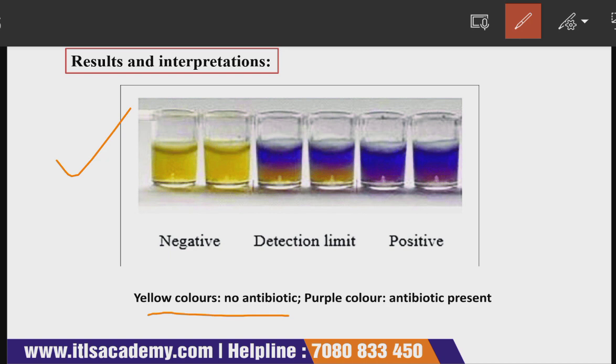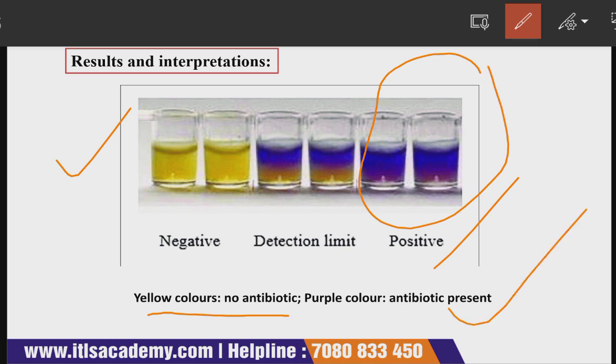The second image we will talk about later. Then you see the positive one, a purple, which shows antibiotic is present. But if your result shows purple and also, oh sorry, yellow also.